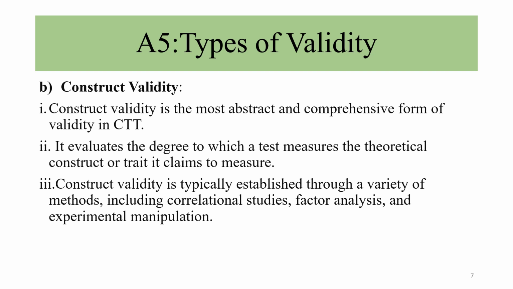And experimental manipulation means that if the scores of the construct actually behave as they are supposed to behave theoretically in an experimental situation, then we say that it has experimental manipulation validity. And again, these are the types of construct validity.